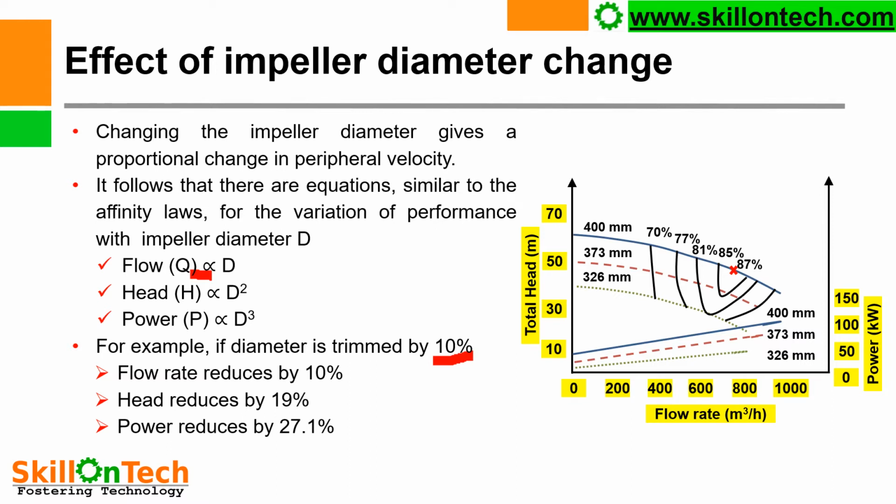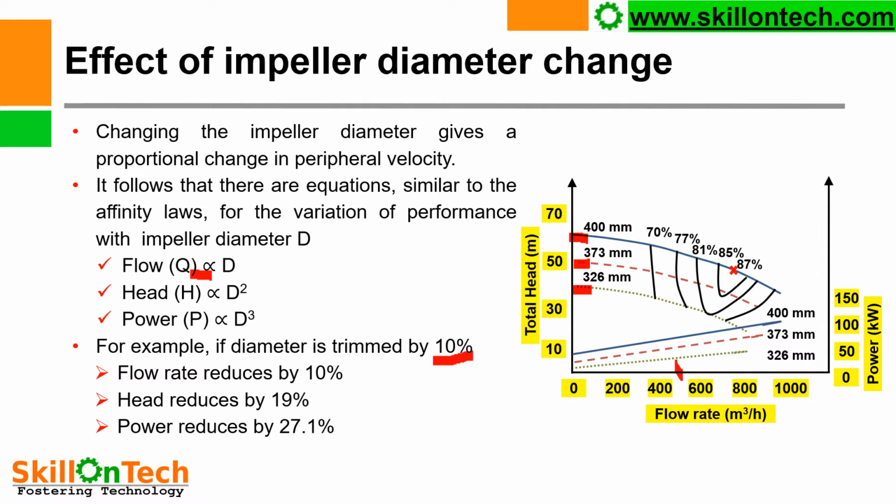So here you can see in this picture a curve for a 400 mm diameter impeller, this is a 373 mm diameter impeller and this is a 326 mm diameter impeller. So we can see here that if impeller diameters are changed, the head and flow will accordingly change.